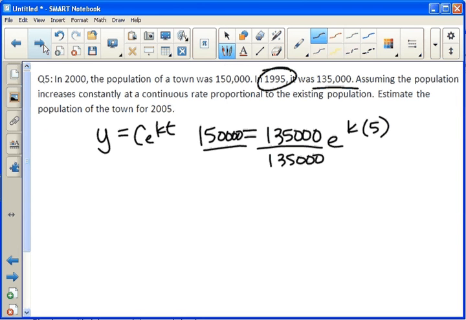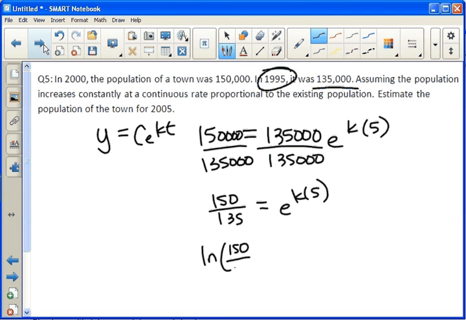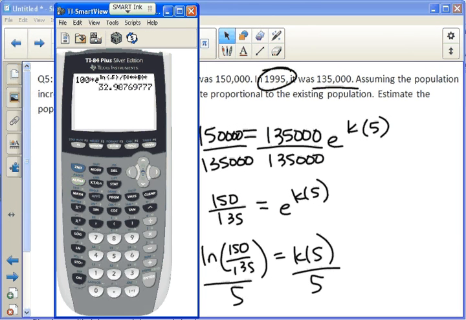I'll plug this in a second. Then we take the natural log of both sides. And then we'll need to divide by 5. So our k is going to be the natural log of 150 over 135, all divided by 5. Make sure the divided by 5 is outside the natural log.